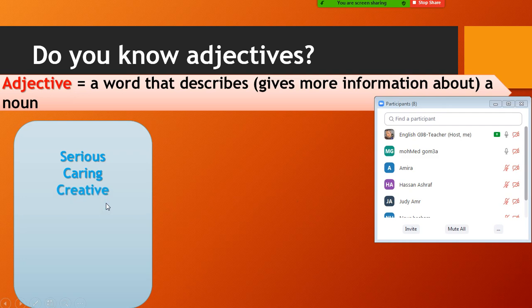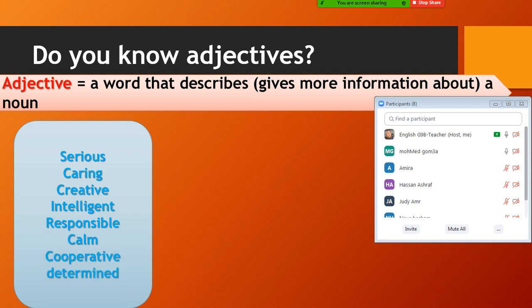Let's go to my examples. Creative, intelligent, responsible, calm, cooperative, determined. These are all examples of adjectives.